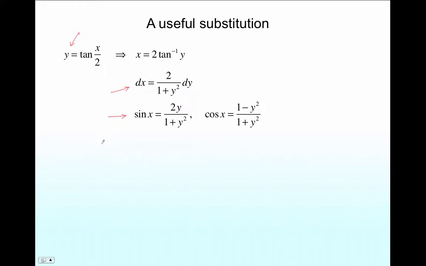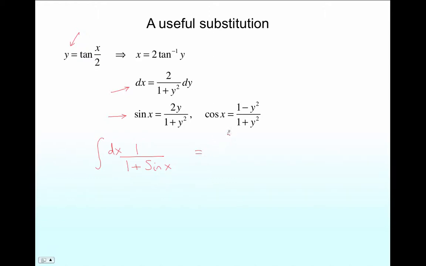Why is this useful? Well, suppose I have an integral of this form: dx, 1 over, let's say, 1 plus sine x. Then I can substitute the formula for sine x that you see above over here, and dx, which is this.